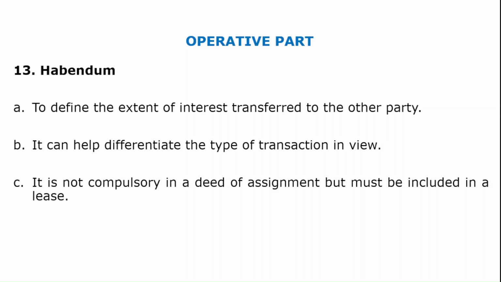For the purpose of MCQ, addendum is not an important clause in a deed of assignment. It's not compulsory, but it is compulsory in a lease. Like I said, this is just strictly for MCQ purpose. So let's see how to draft the addendum, which is the last clause in the operative part of a deed of assignment.